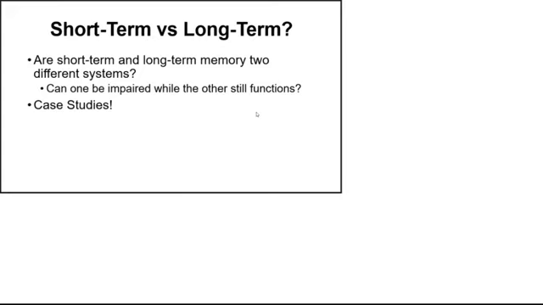So that one's pretty easy to see, but there are also special cases where we can look at individuals who, say, have very diminished short-term memory, but functional long-term memory. And that's a lot harder to visualize, but there are individuals who've had damage to parts of the brain who basically lose their digit span.